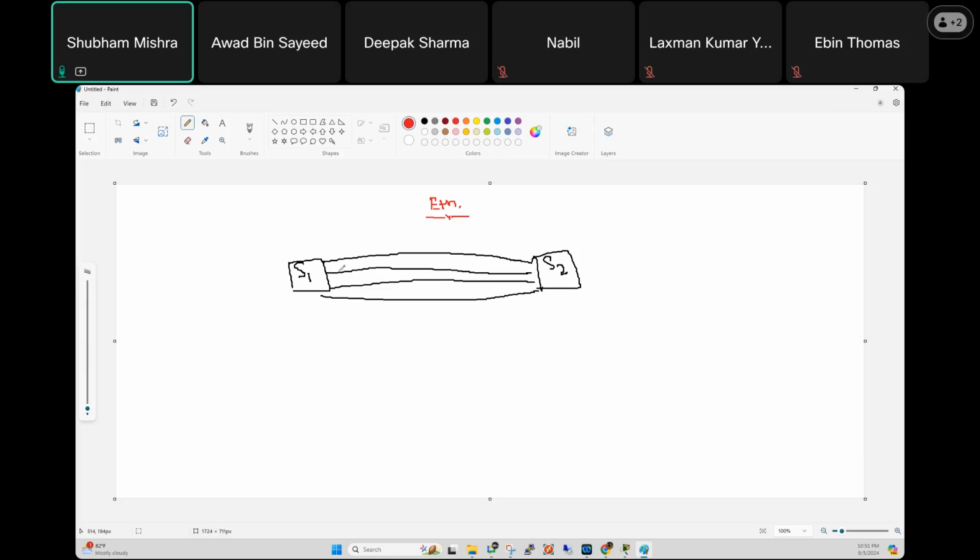If you remember, I told you, let's suppose this is the access layer switch, and with this access layer switch, multiple end users are connected.